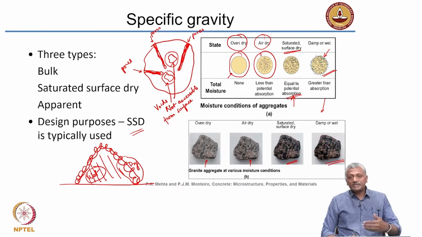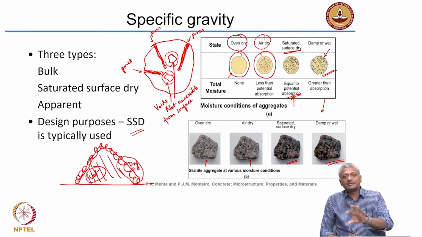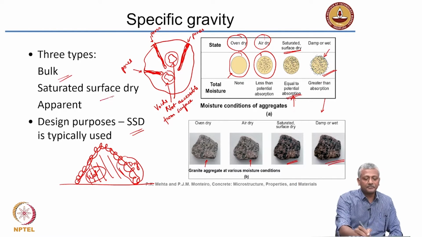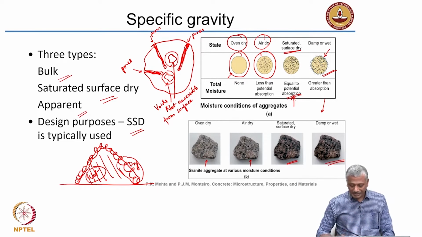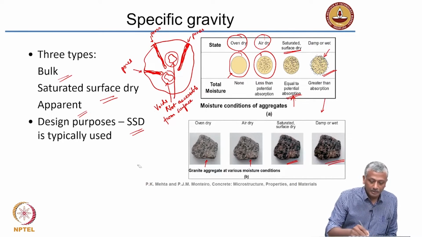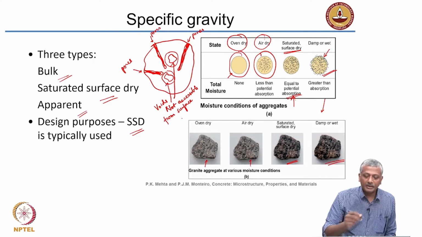Okay. So, because of these different states of matter that the aggregate can exhibit, we have three types of specific gravities: bulk, saturated surface dry specific gravity, and apparent specific gravity. Now, let us understand what this actually means. Okay, so let me work through the same slide here. Okay.